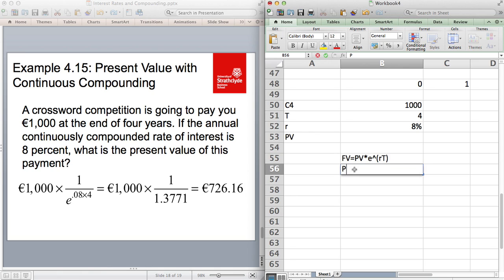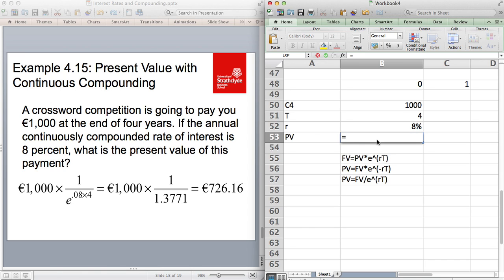That means that the present value is basically equal to FV times e to the power minus RT. Now that minus RT, in terms of mathematicians, is equivalent to FV divided by e to the power RT. Okay, but what we tend to just say is that it's e to the power minus RT. So let's just look at this example.